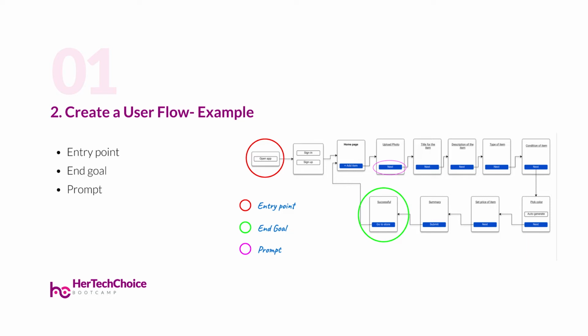The entry point is opening the app in our case. Then the end goal is successful picking of the product you want to buy. Then the prompts are the buttons you click to go to the next page, like next, submit, and all of that.